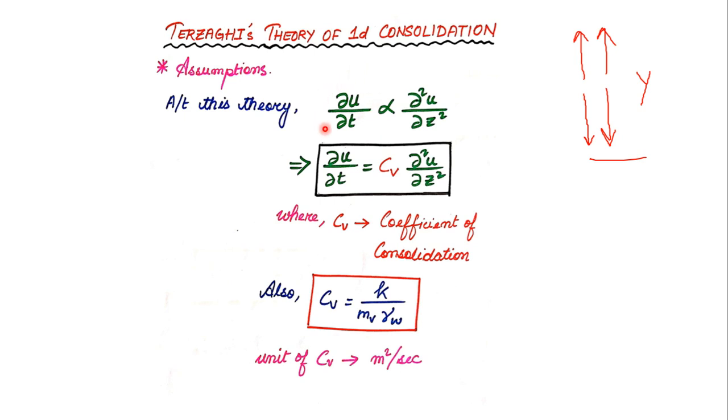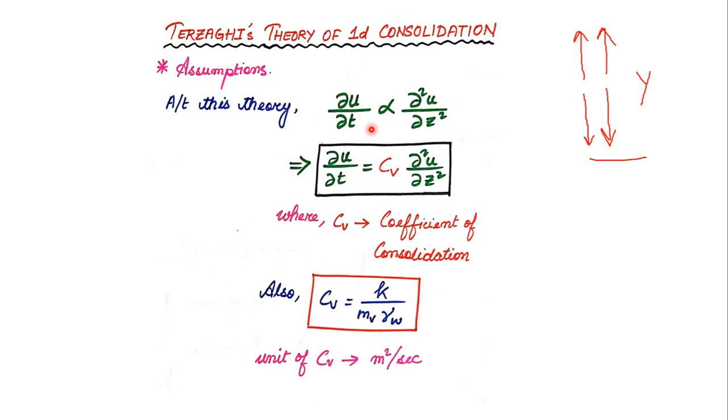So the rate of change of pore water pressure is directly proportional to the square of change of pore water pressure with respect to distance. So z here denotes distance. Mathematically, del u by del t is directly proportional to del square u by del z square.